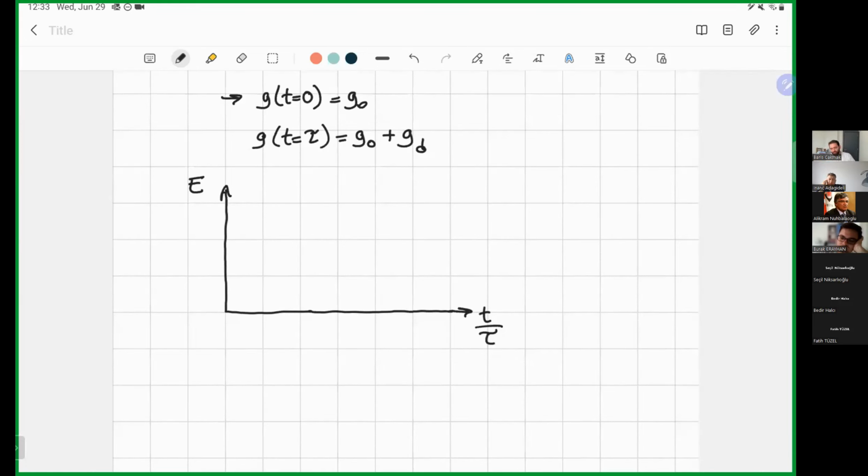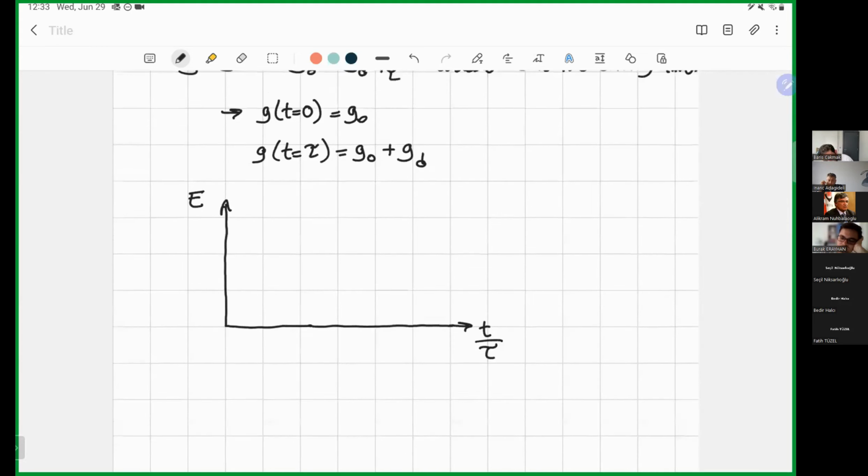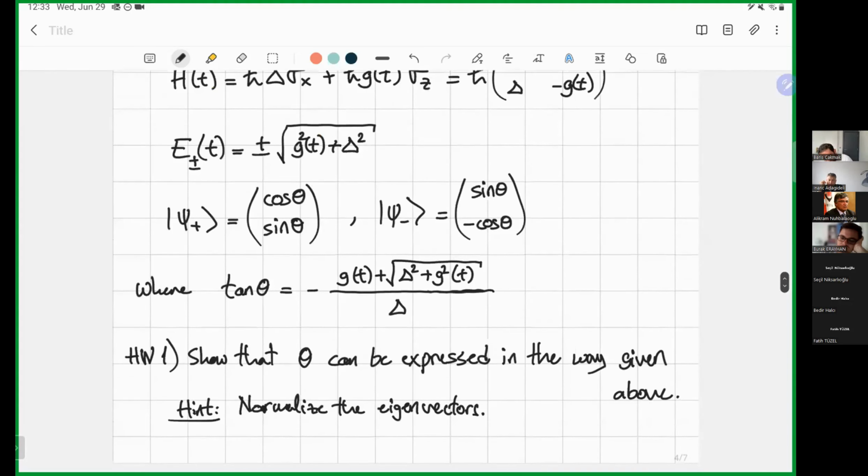I'm changing t from 0 to τ, so t divided by τ simply changes from 0 to 1. For the two eigenvalues, we start from an initial g0: we start from the square root of g0² plus Δ² for the higher energy level, and for the lower energy level, we start from minus the square root of g0² plus Δ².